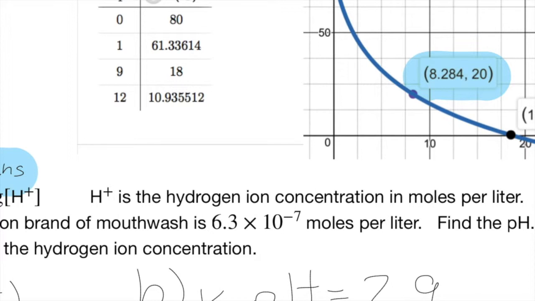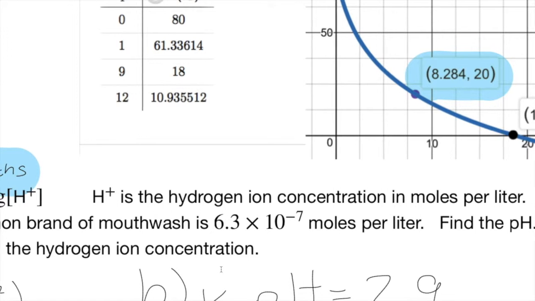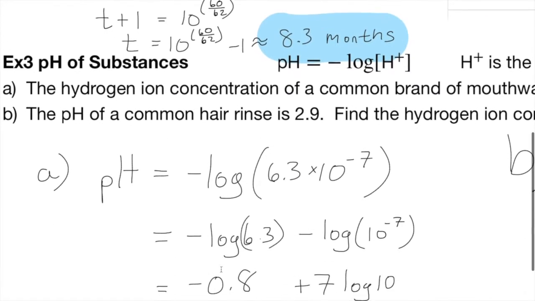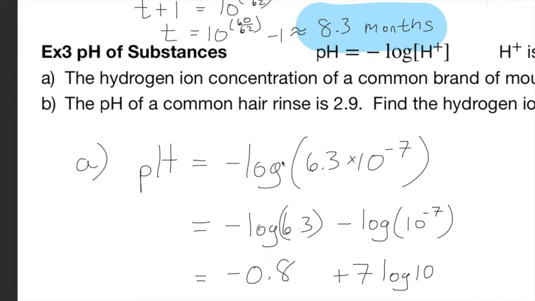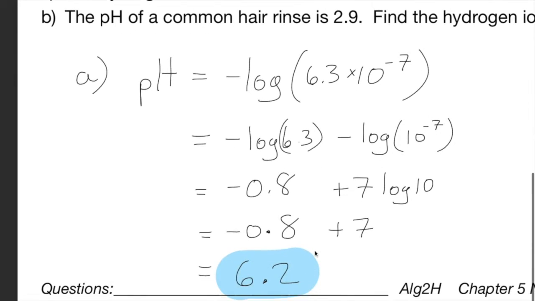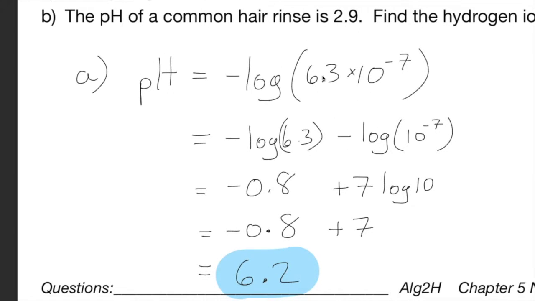Moles is just the number of ions per liter. How many moles do you have in a liter of water, or in this case, a liter of mouthwash? So if you have 6.3 times 10 to the negative 7 moles of ions in 1 liter, then you take the negative log of that.